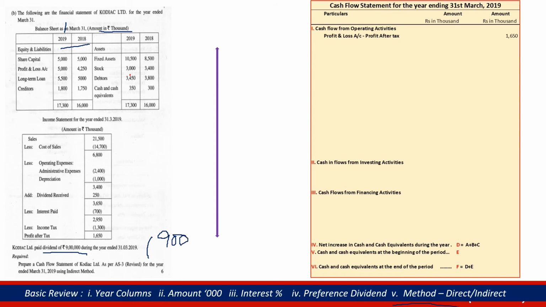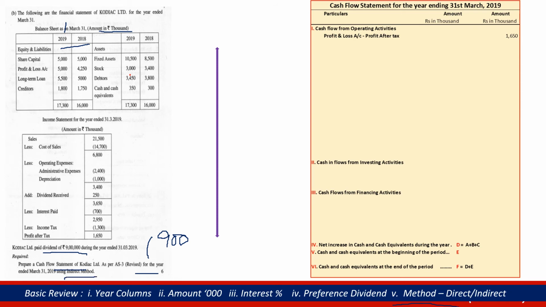Third, you have to see whether there is any loan or debenture where percentage is indicated. In this case, there is no percentage indicated. If there is preference shares, we have to provide for preference dividend. There are no preference shares. And the method to be used for operations, you can just see, please prepare cash flow statement revised for the year using indirect method. We will be using indirect method.